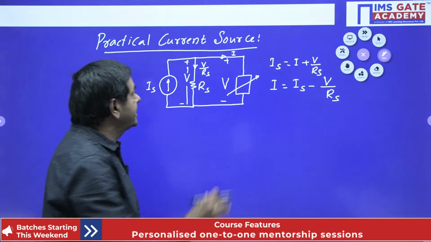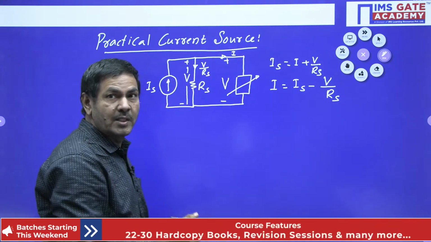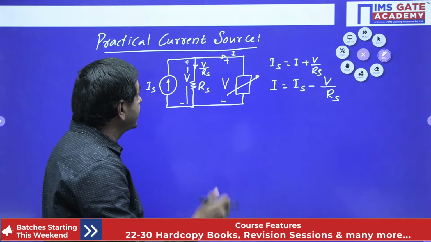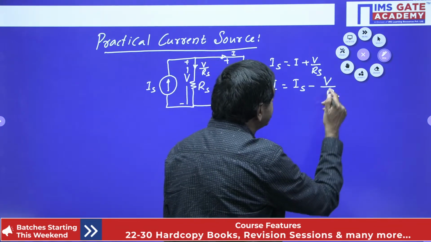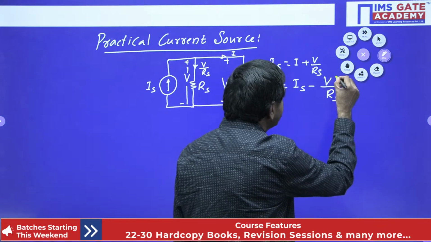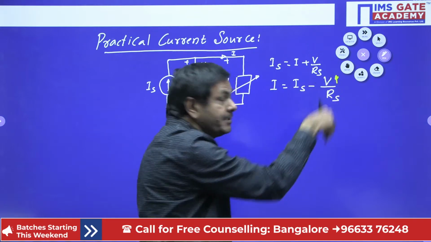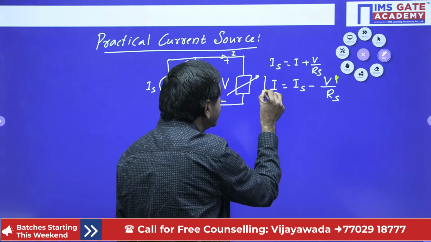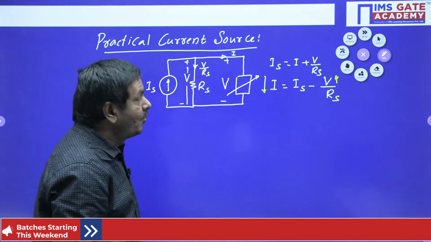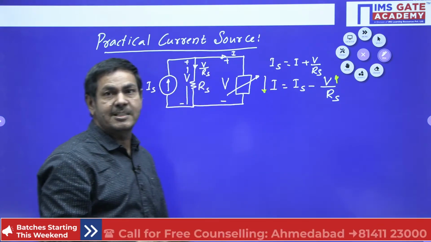When the load is changing, the voltage and the load current also change. Whenever this voltage is increasing, the current difference will be decreased, and the load current will decrease. More and more voltage drop means less and less load current is possible.